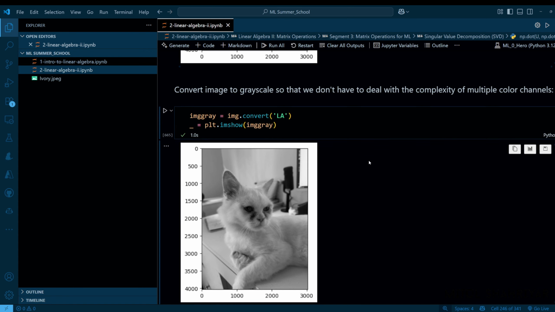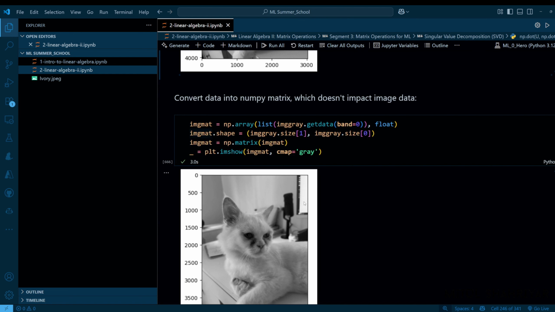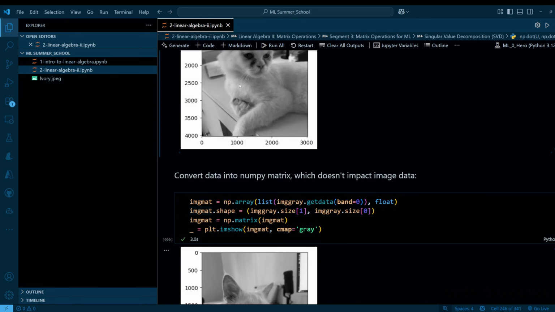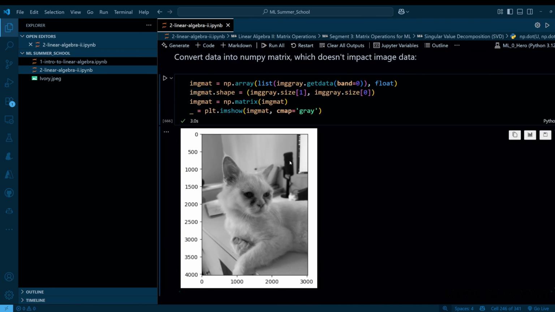For now, just assume that making it grayscale makes it easier for us to compute. Then we can convert the values of this image, because every single pixel has some sort of value, to a numpy array. We can do that.